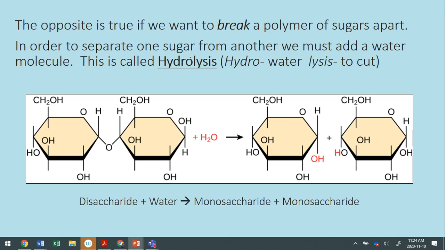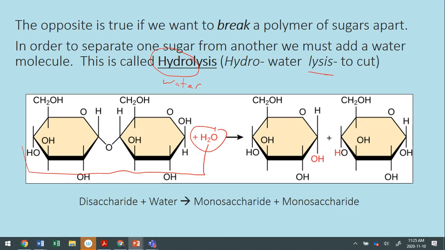What's the prefix hydro? Water. Okay, and something you probably haven't heard before, lysis means to cut. So hydrolysis means to cut using water. Okay, so here is my disaccharide.